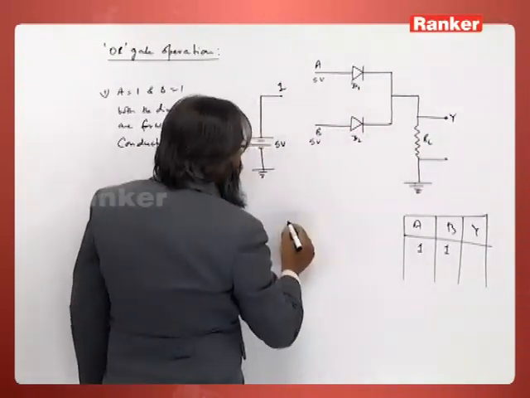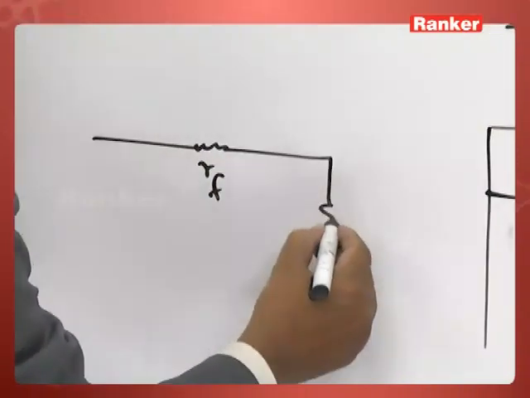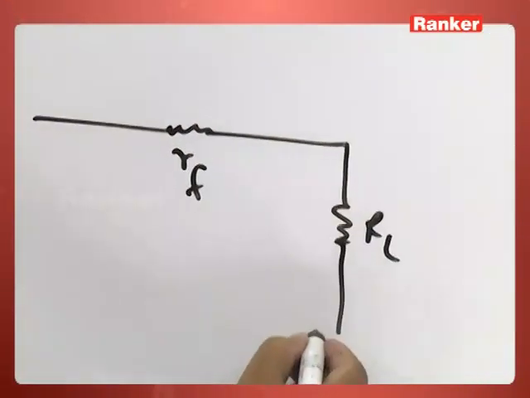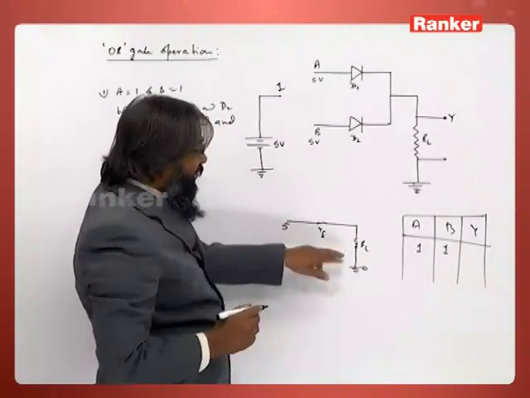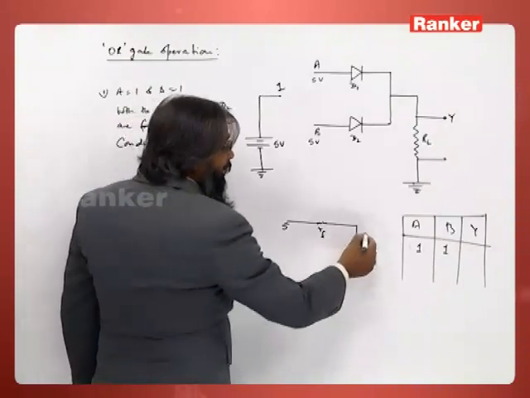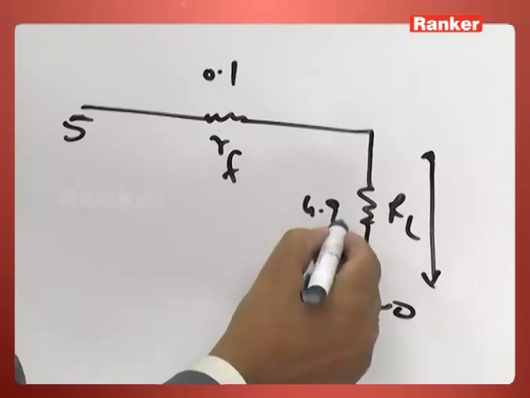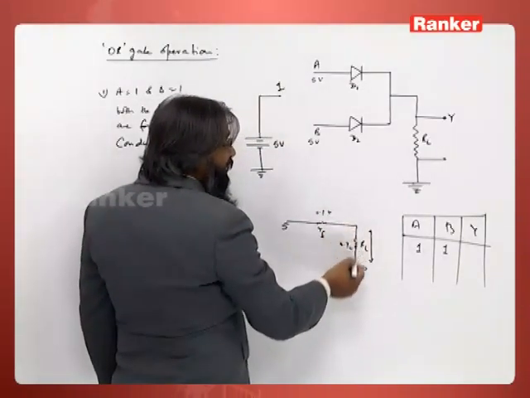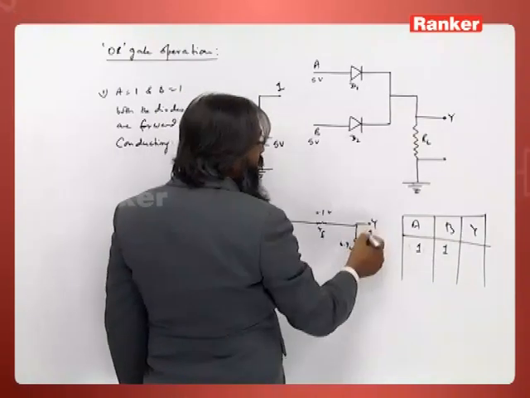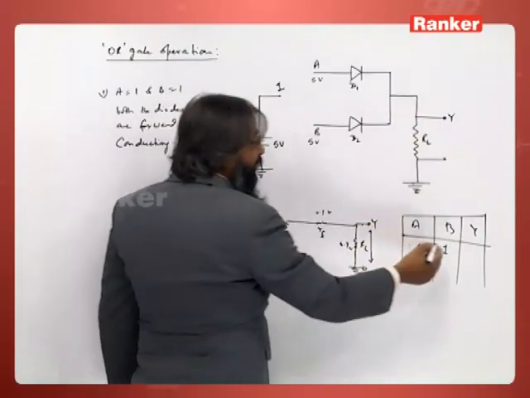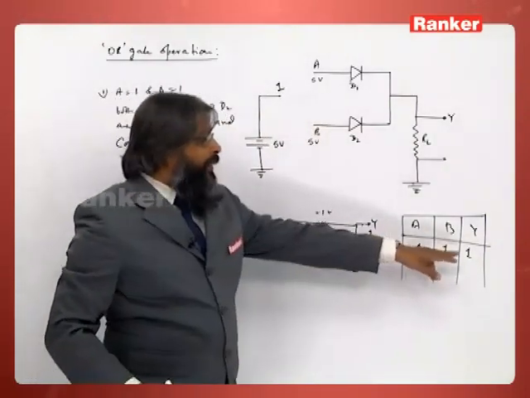So in this circuit, there is a small forward resistance and a large load resistance. This is 0 volt and this is 5 volts, so the majority of the potential drop will take place here. Suppose this is 0.1, so this is 4.9 volts. That means it becomes about 5 volts. That means at Y, you will get a high signal. So you will get 1. So 1 and 1 will give 1.